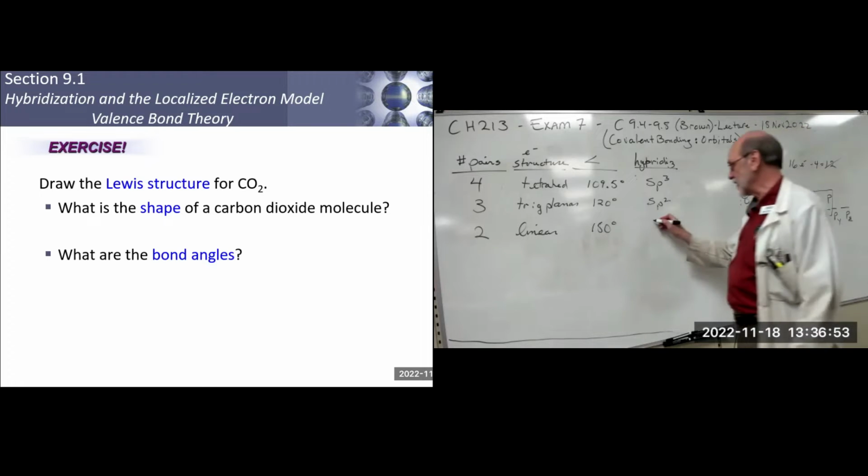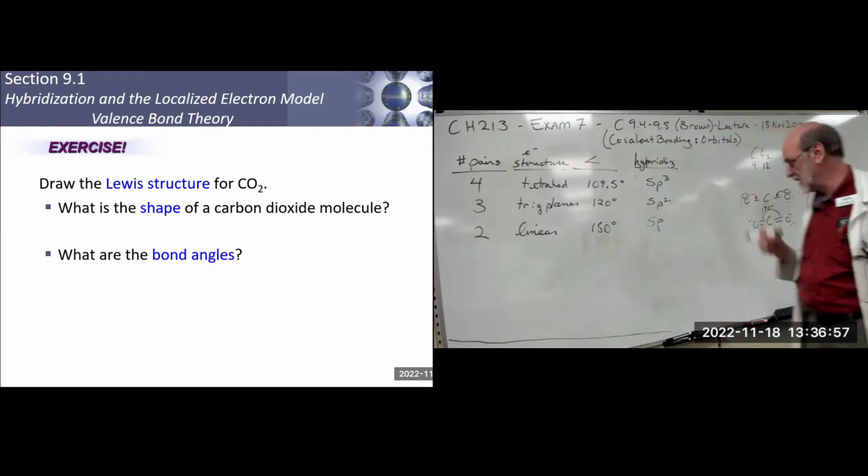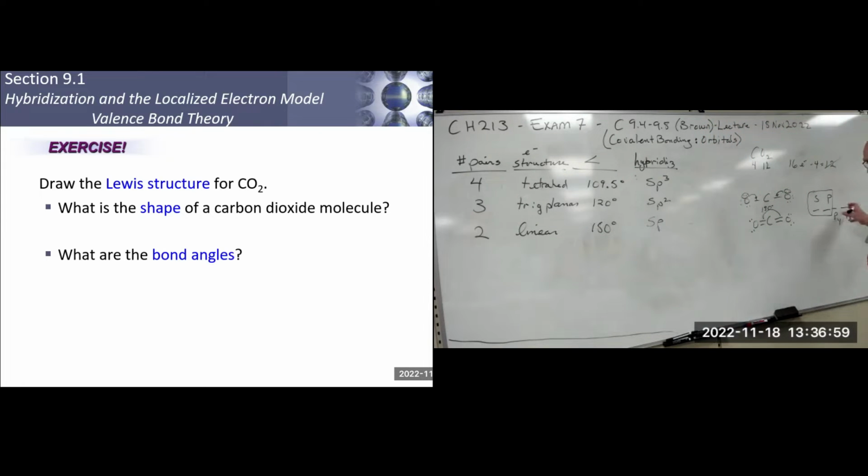So this is sp hybridization. And with the unused p orbitals, you've got a p going this way, and you've got one going into the back and out like that. So you use these unused p orbitals to make double bonds: a double bond on one side and a double bond on the other side.